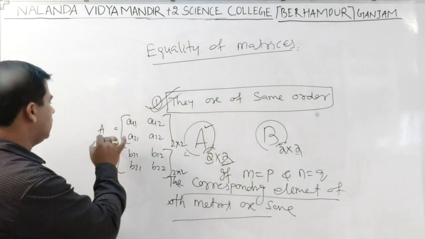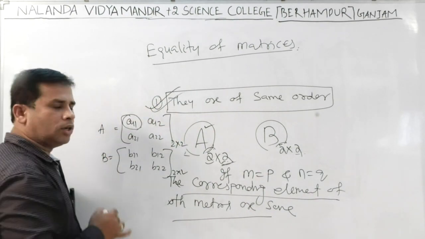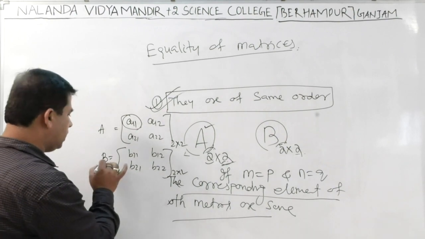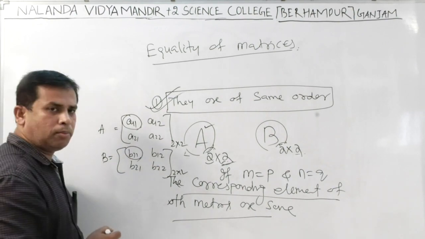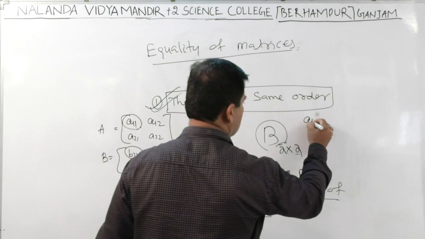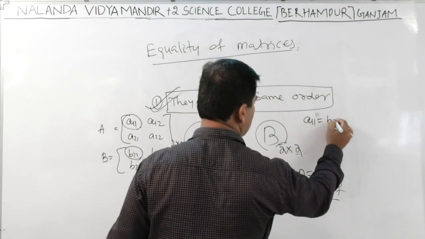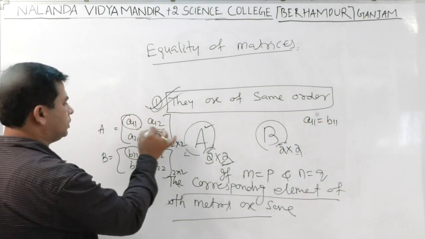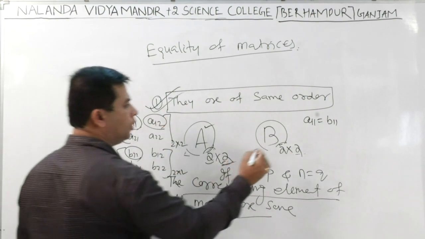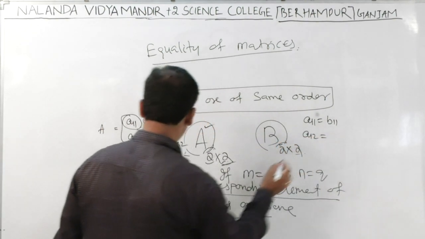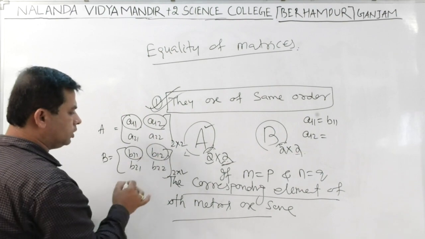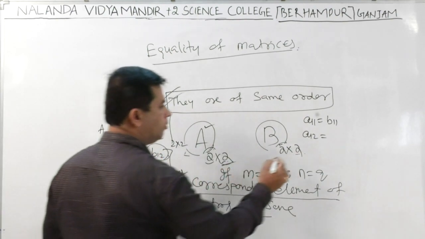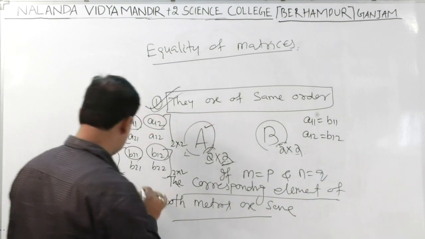Corresponding elements means in matrix A, first row first column contains A11, and in matrix B, first row first column contains B11. Then A11 is equal to B11. First row second column in A is A12, and in matrix B first row second column contains B12, so A12 is equal to B12.